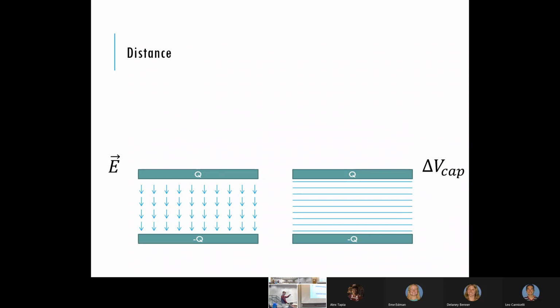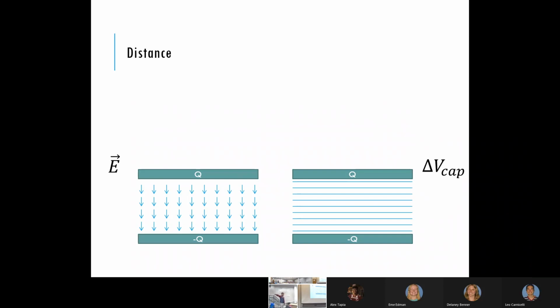Even though I'm separating the plates, the separation distance is still smaller than the overall area of the plate. In other words, I want to ignore the fringe field.